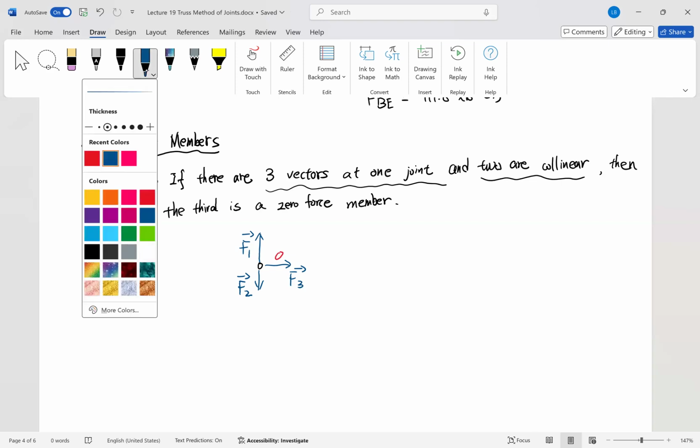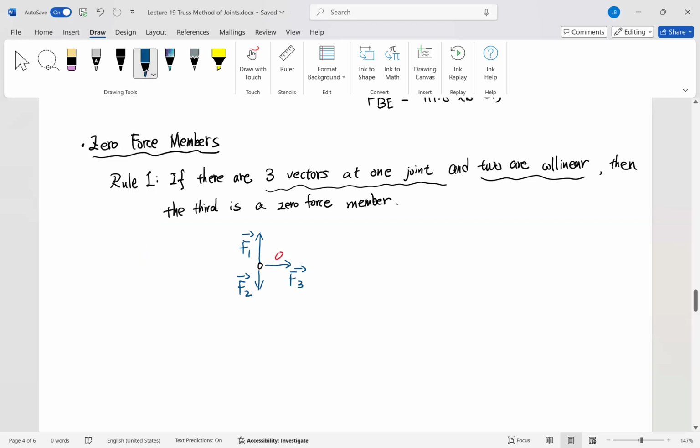Okay. I'm going to give two additional examples. Here we have F2, F1, F3.